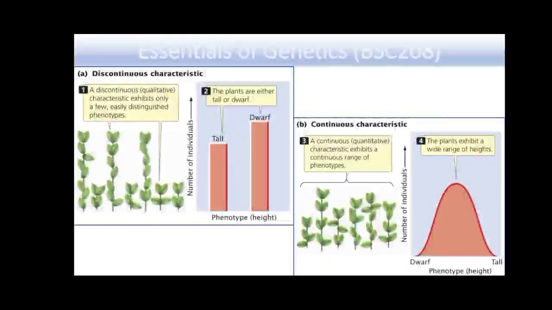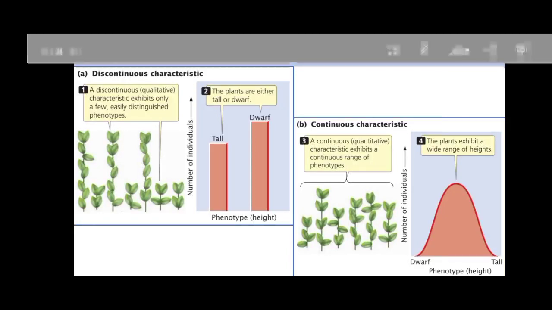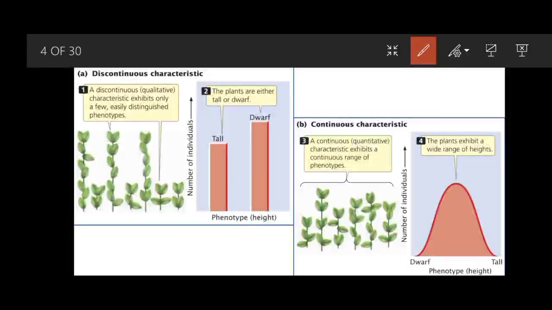So in this figure, we can easily look at differences among discontinuous characteristics and continuous characteristics. In the case of discontinuous characteristics, there are distinct phenotypes. For example, in the case of this plant, plants are either dwarf or tall, and we can plot these numbers.